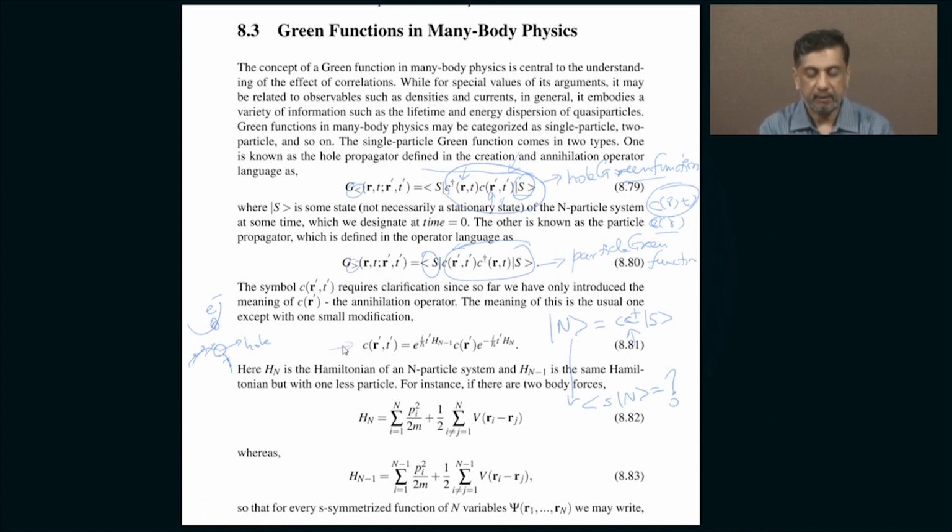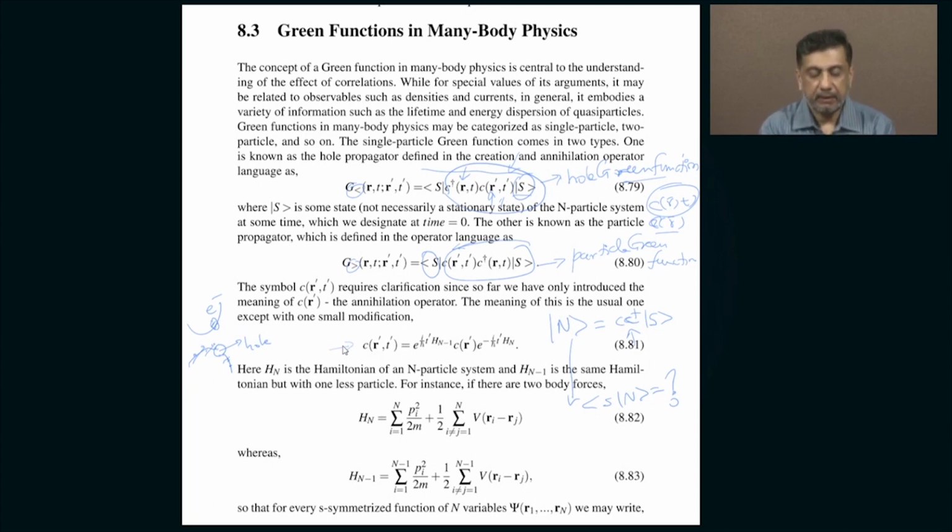If you do not use these tools of creation and annihilation operators, answers to such questions become very unwieldy and lengthy and confusing. That is the reason why we introduce these operators, precisely to make answers to such questions very transparent. Okay, so let me continue my definition of the annihilation operator and how it changes with time.